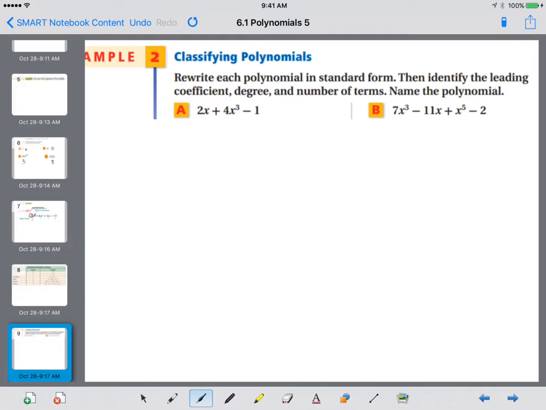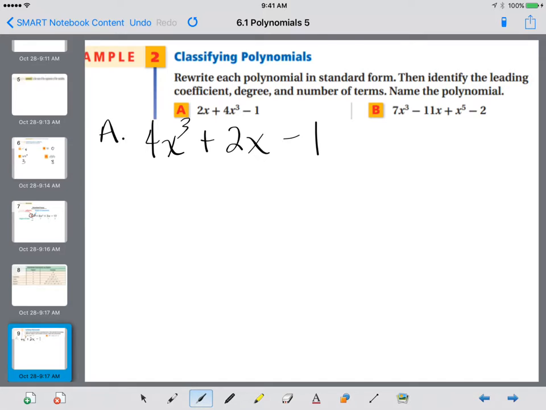Classifying polynomials. It says rewrite each polynomial in standard form, identify the leading coefficient, the degree, and number of terms. Standard form means we write it from highest degree to lowest degree. In A, my highest degree would be 4x to the 3rd plus 2x minus 1. This would be my standard form.